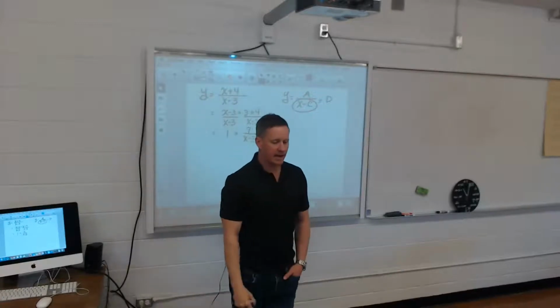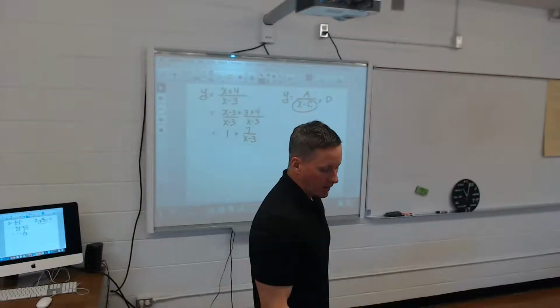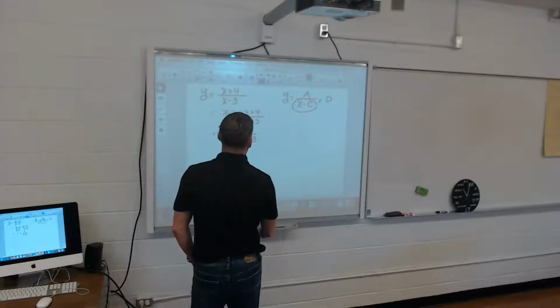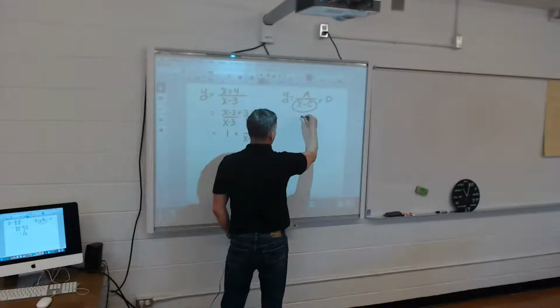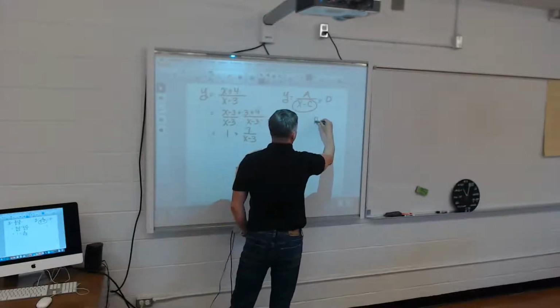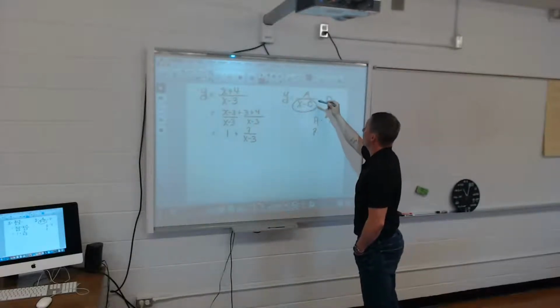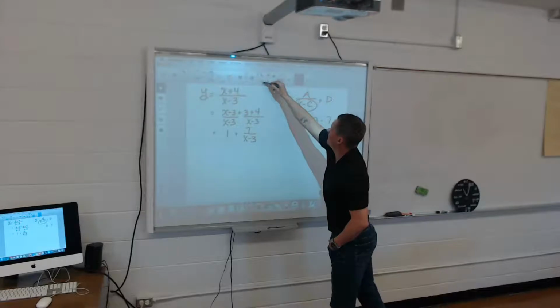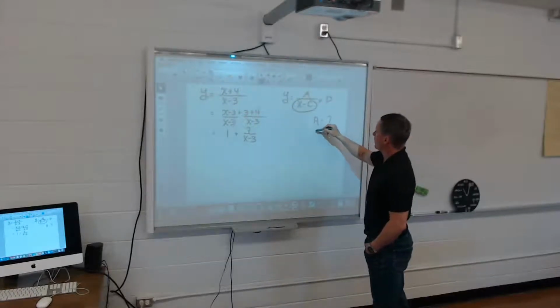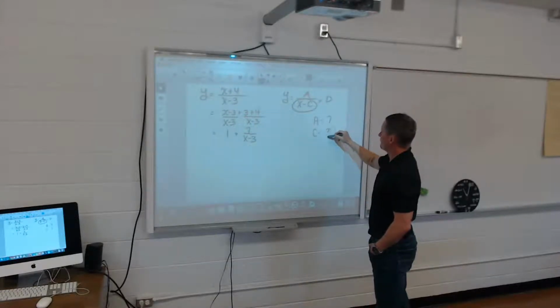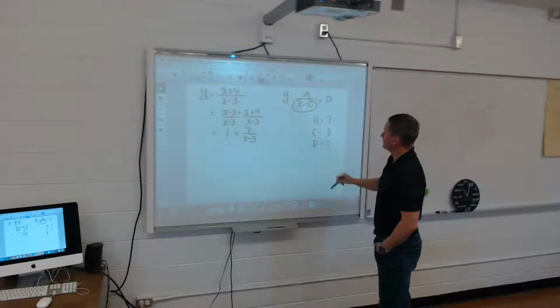Okay, so now I can graph that, and what I know is that for my a, 7; my b, we don't work with b in the reciprocals; c is 3 and d is 1.